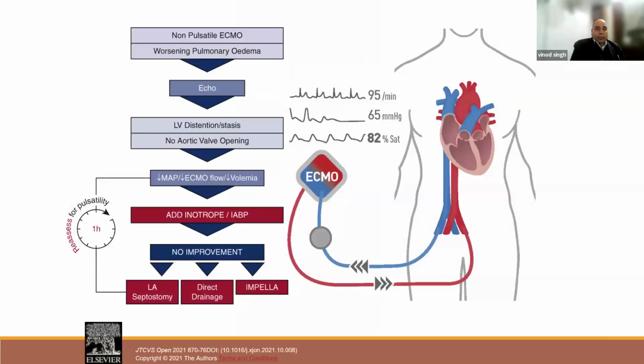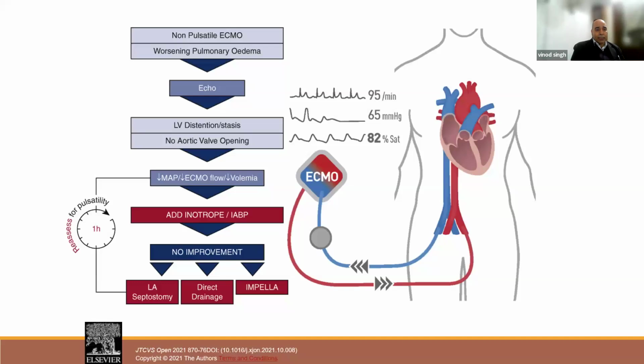Now, look at this algorithm. If there is no pulsatile ECMO and the pulmonary edema has increased, like pink frothy fluid, you do an echo. If echo is showing that there is LV distension and stasis, and the aortic valve is not opening, now try to decrease the MAP, decrease the ECMO flow, and decrease the volume.